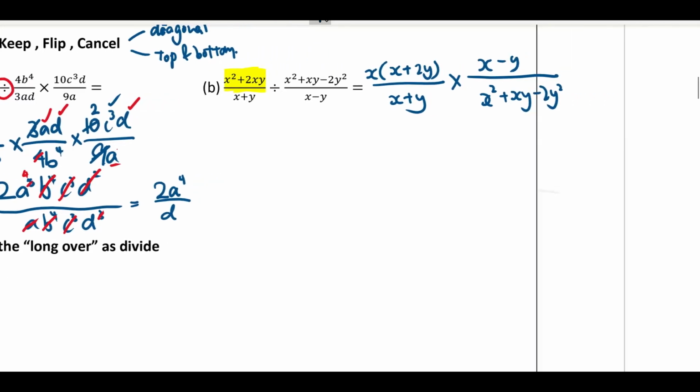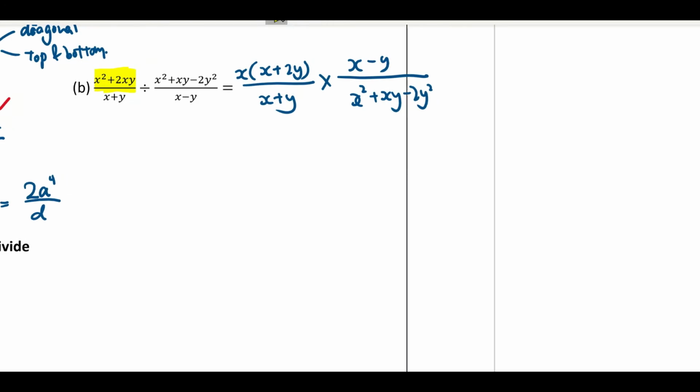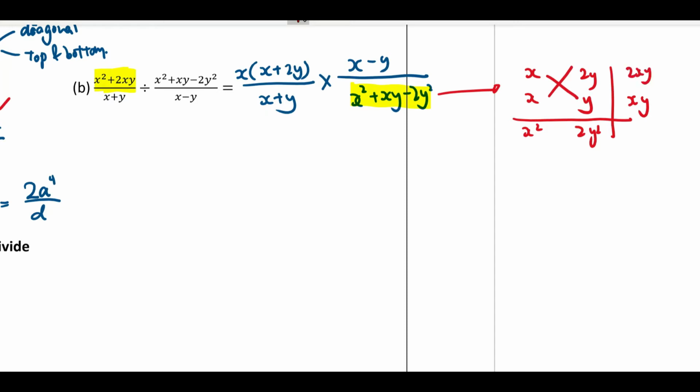So 2 terms, we do a normal factorization. 3 terms, you need to do a quadratic factorization. x times x, x squared. 2y times y, 2y squared. Your job is to get positive xy in the middle. So this must be plus, this has to be minus.